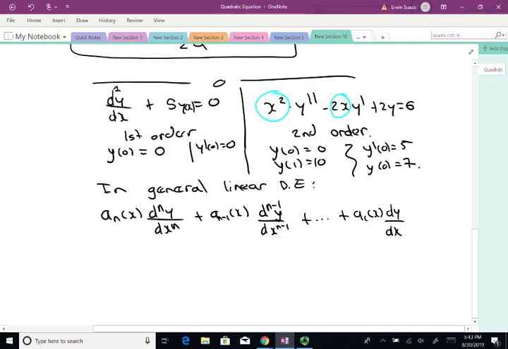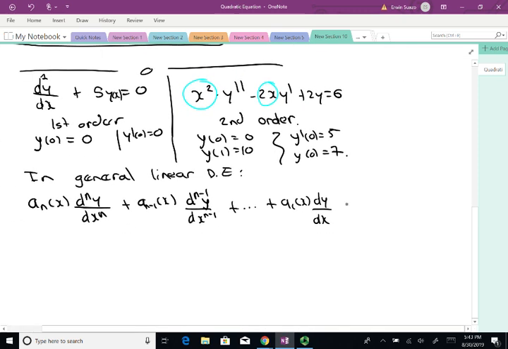Let me make it smaller here. Plus a_0(x) y equals g(x). So this general equation is linear.